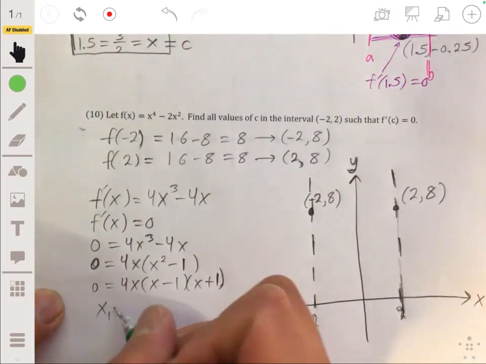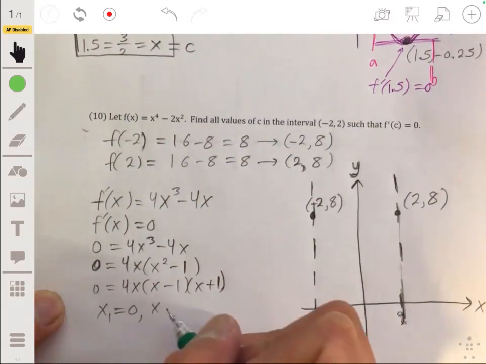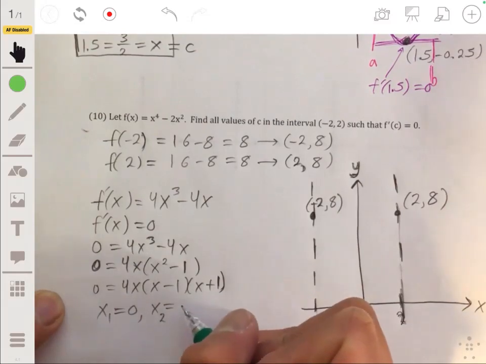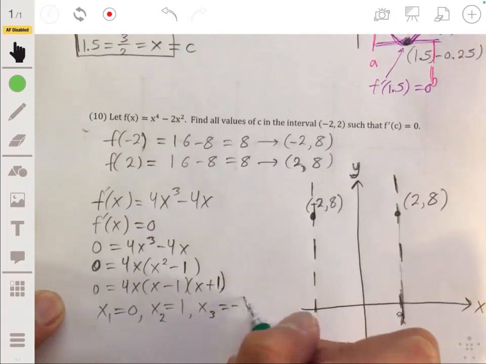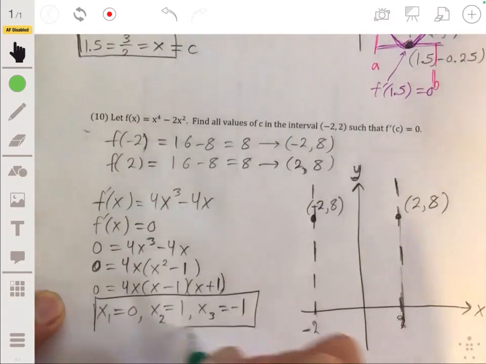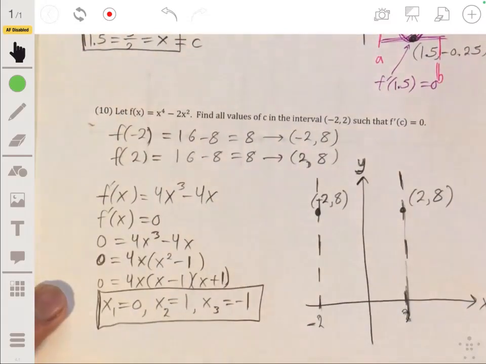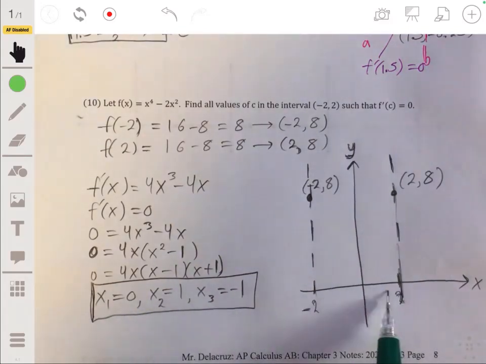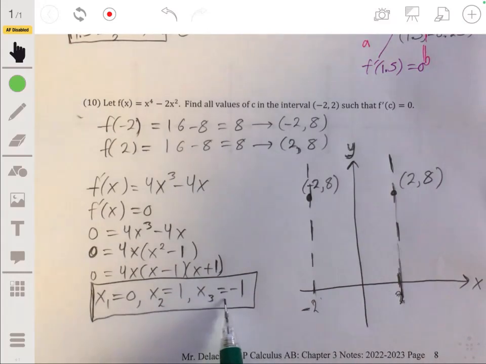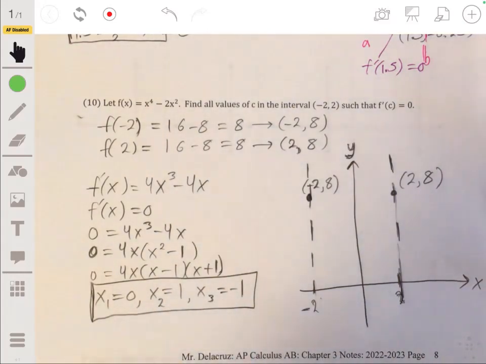My zeros are going to be 0, 1, and -1. So there are 3 values of x where the derivative will be equal to 0, and they all are between -2 and 2.